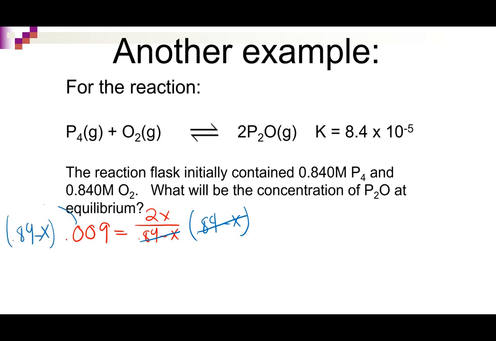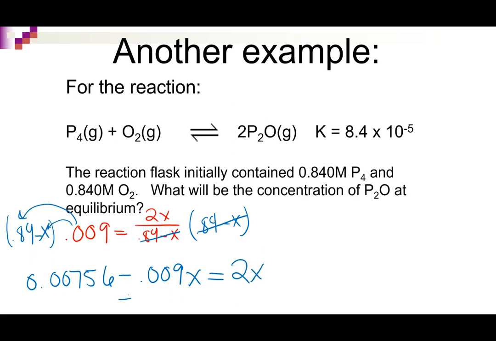Okay. So then distribute this through. So 0.84 times 0.009 equals 0.00756 minus 0.009x, and we're left with 2x on this side.